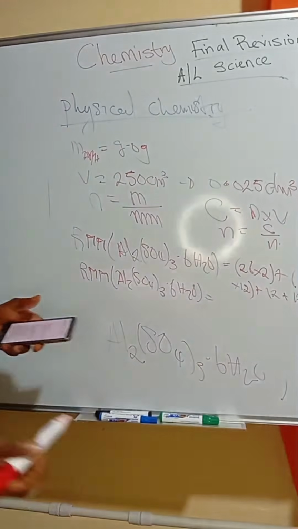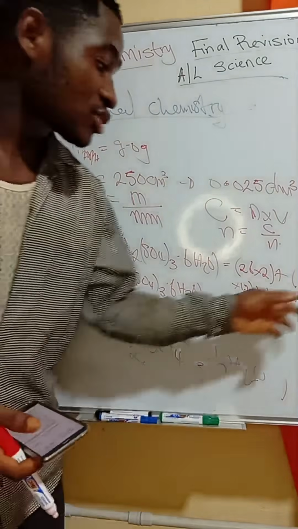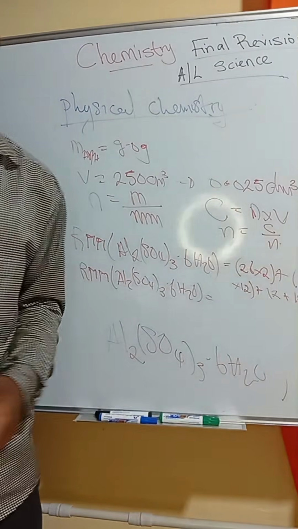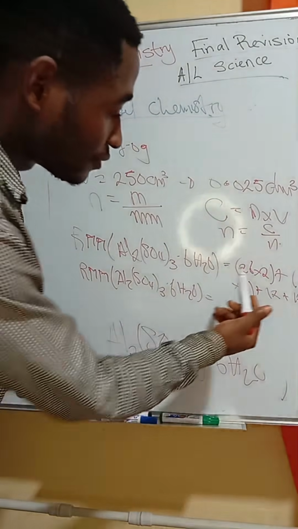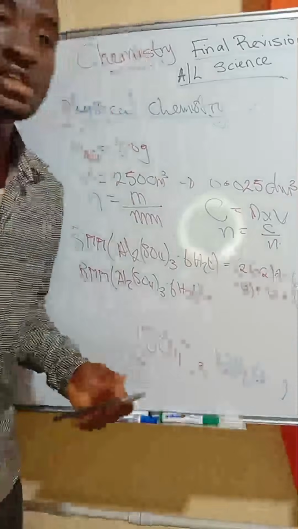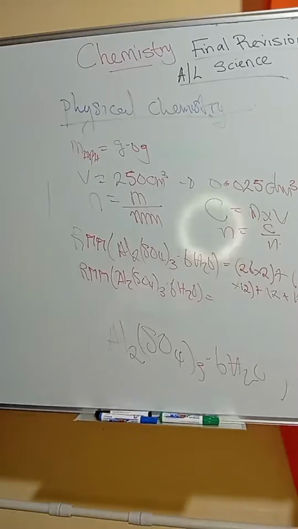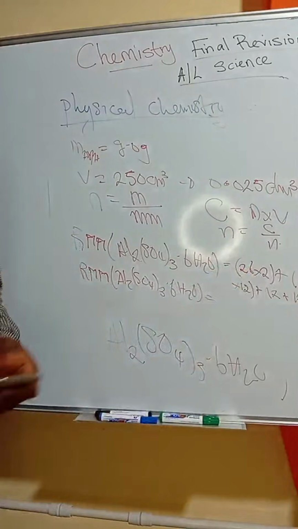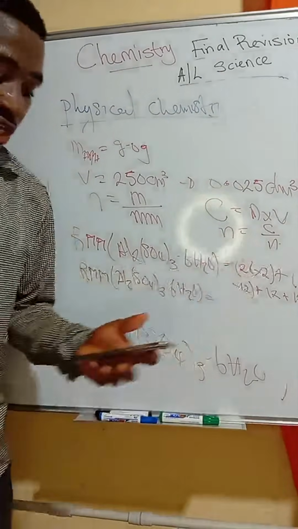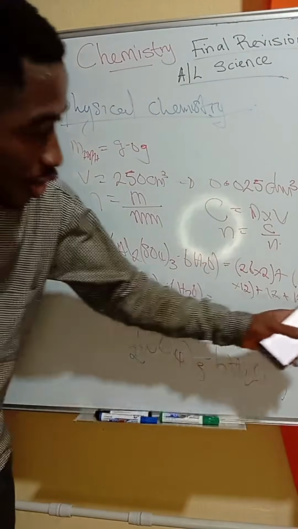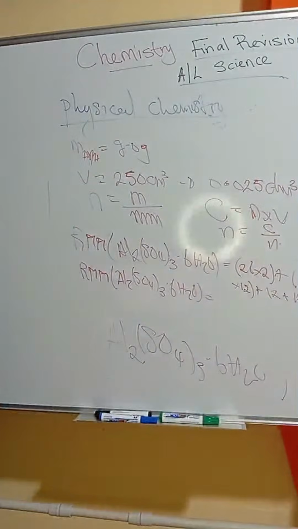26 times 2 will give us 52. 32 times 3 will give us 96. So we have 52 plus 96, that's 148. 148 plus 16 times 12.